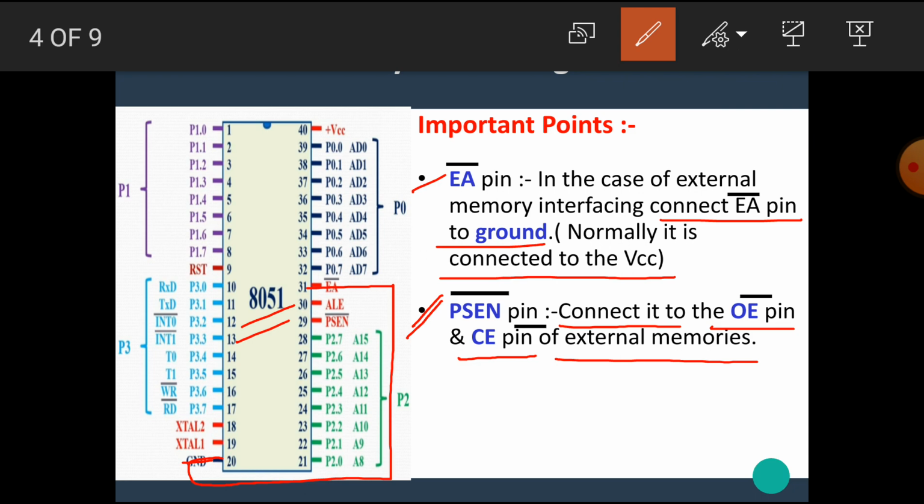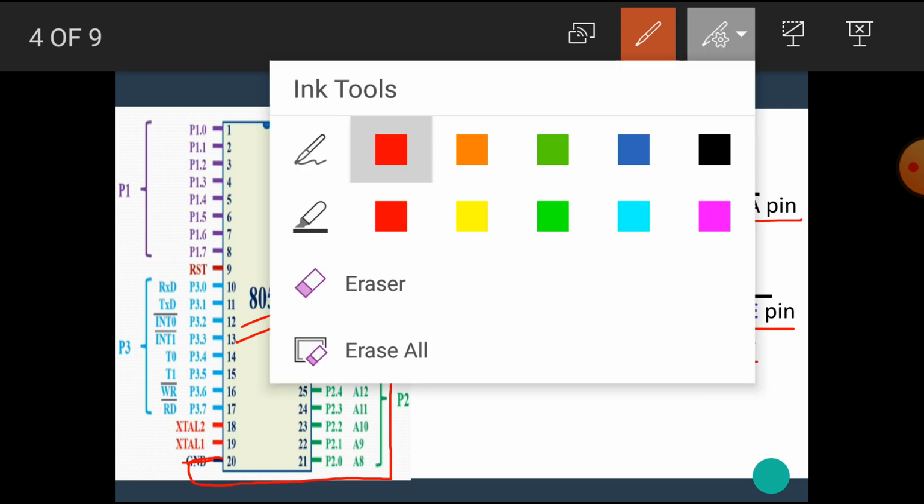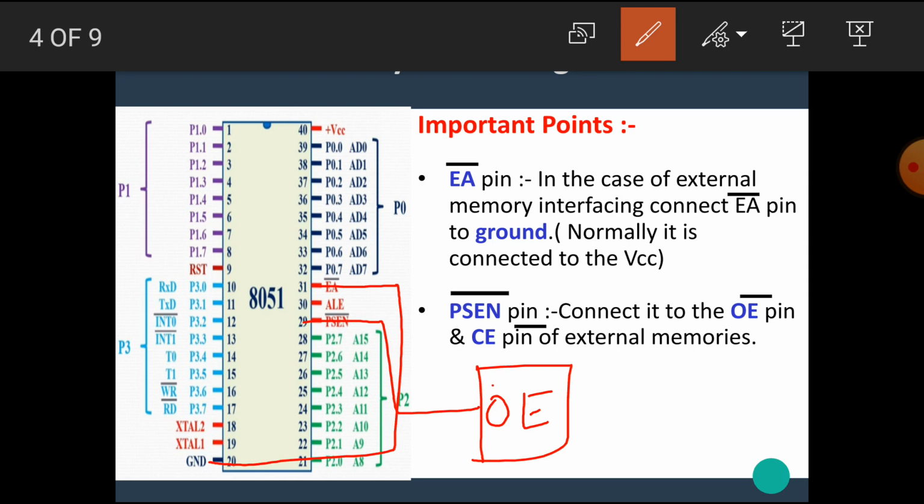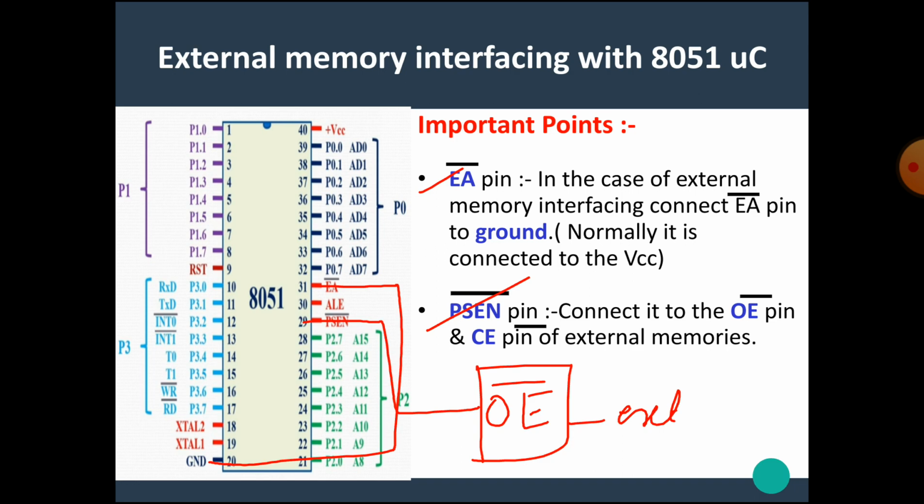That means when we use external memory, the EA pin must be connected to ground and the PSEN pin must be connected to the output enable pin of the external memory. I hope you all understand the function of the EA pin and the PSEN pin.